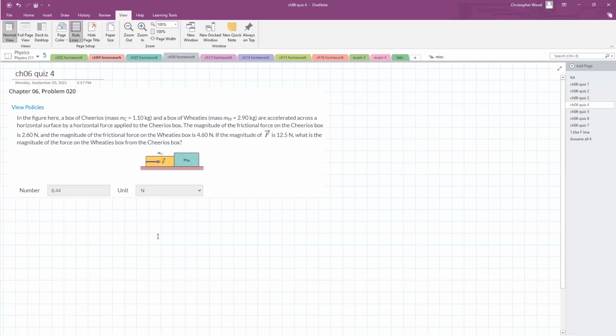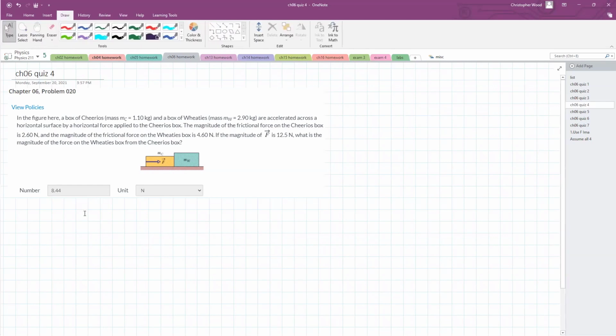Cheerios and Wheaties. The problem statement says, in this figure here, a box of Cheerios and a box of Wheaties are accelerated across a horizontal surface by a horizontal force.